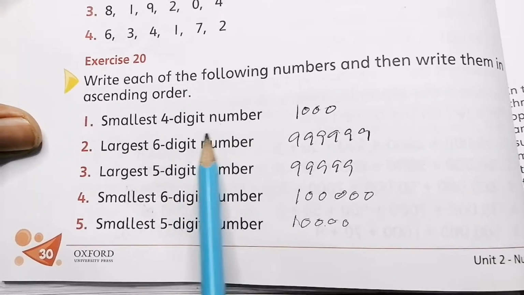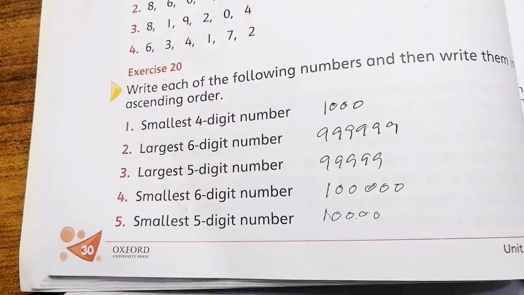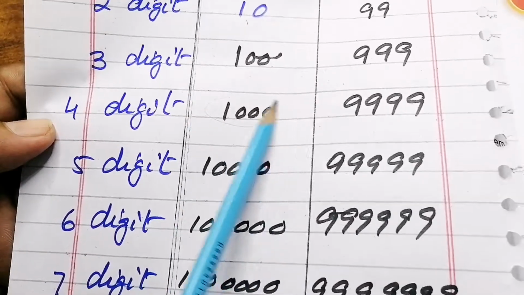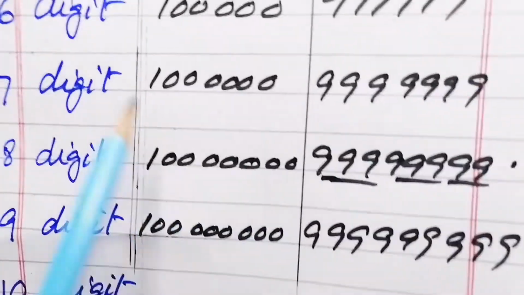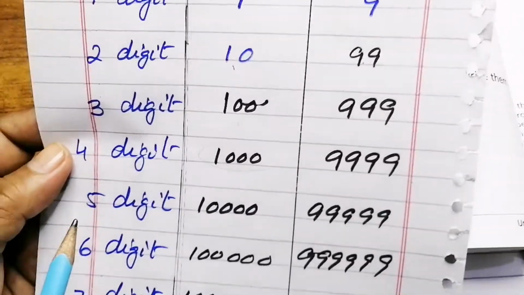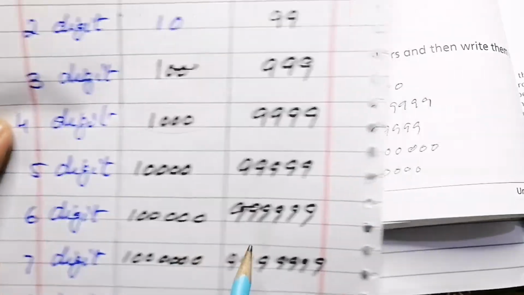So exercise 20, these are the smallest 4-digit number, 1000, right? Here you can also see I have shown you the chart. The smallest 4-digit number is 1000, right? The smallest 6-digit number, here you can see, is 100,000.